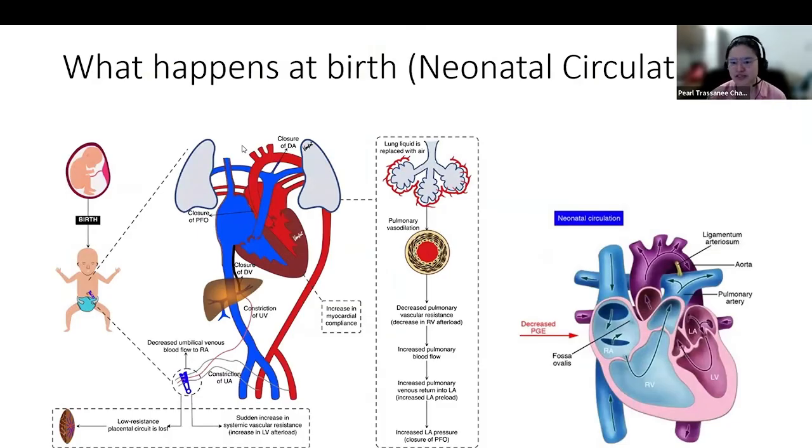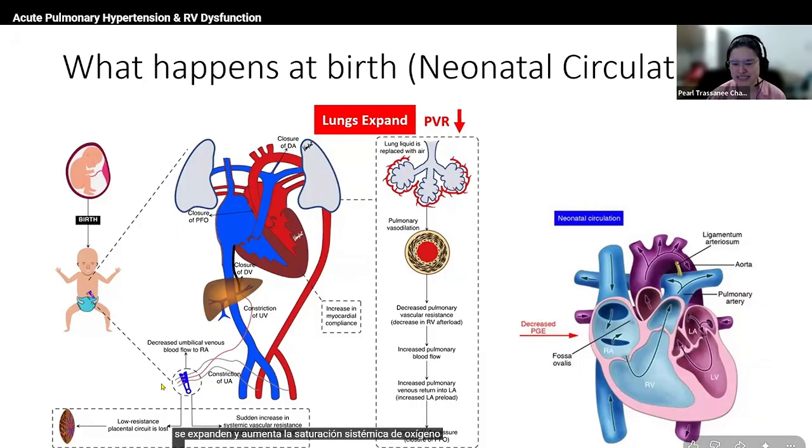For a newborn to successfully transition from intrauterine to extrauterine life, a series of physiological events must occur to support independent extrauterine life. With the onset of respiration after delivery, the lungs expand and the systemic oxygen saturation rises.